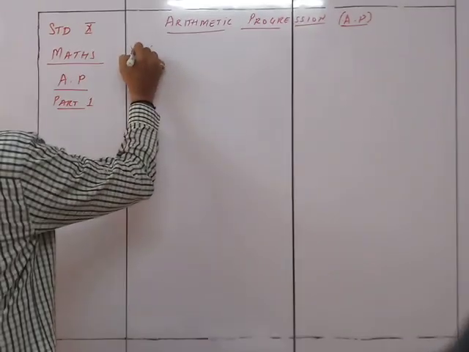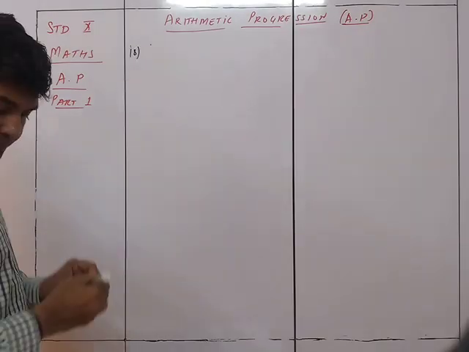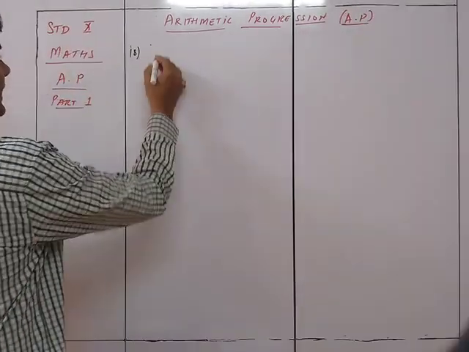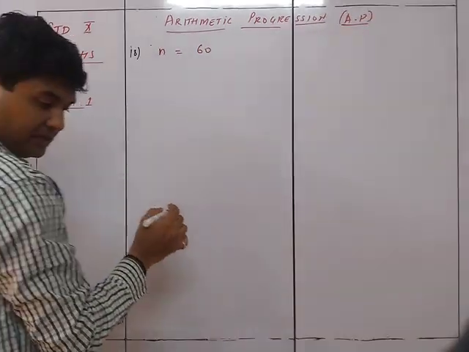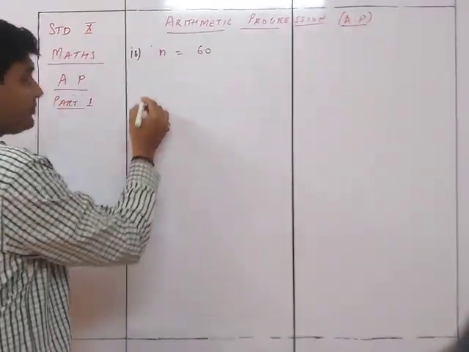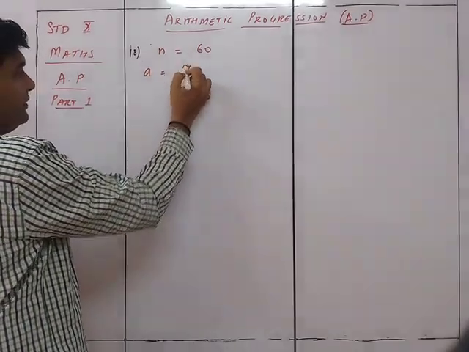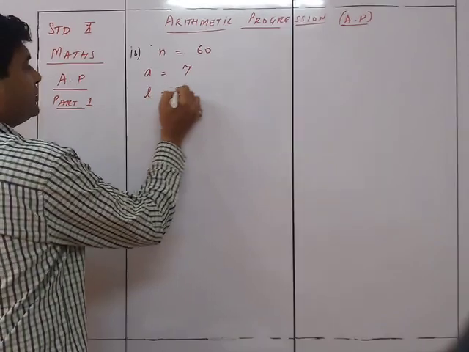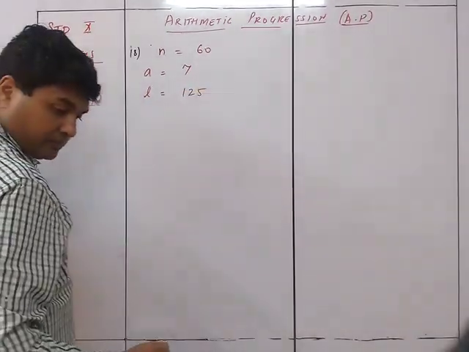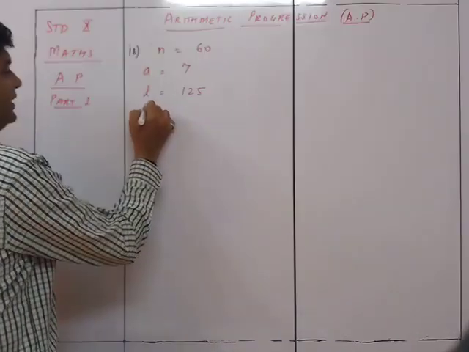First thing, we are given that n is equal to 60, total terms are 60. A is equal to 7, the last term L is equal to 125. We need to find T31.